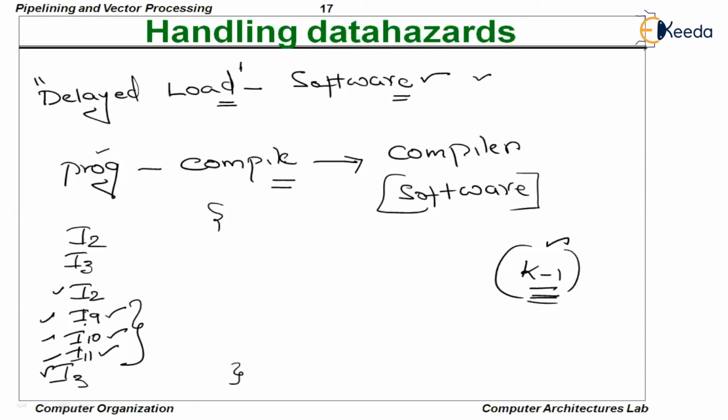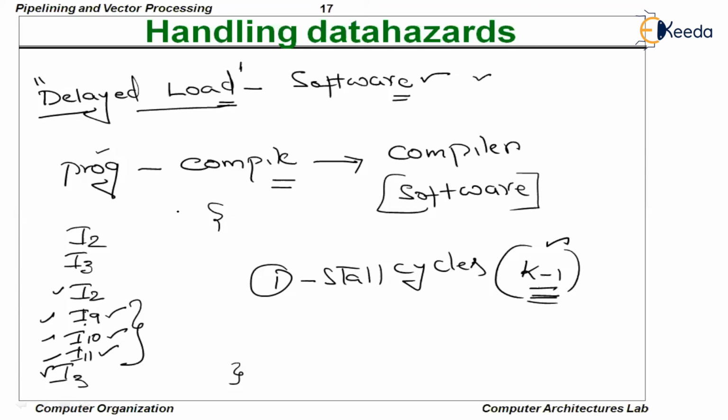This is what delayed load is all about. If you understand, in delayed load, we don't have even a single stall cycle, right? All the stall cycles are filled up by some independent instruction.